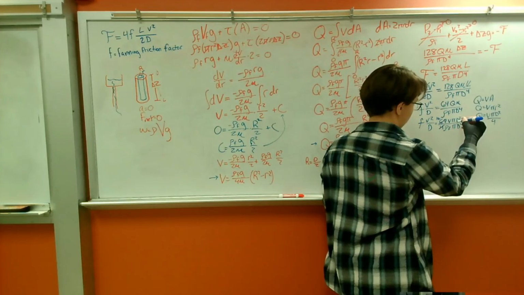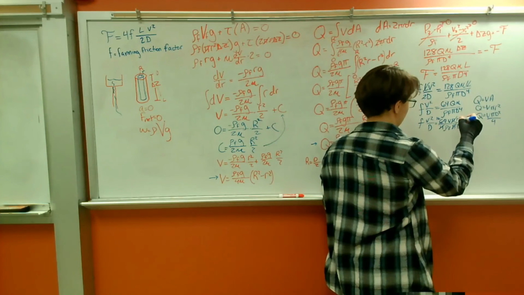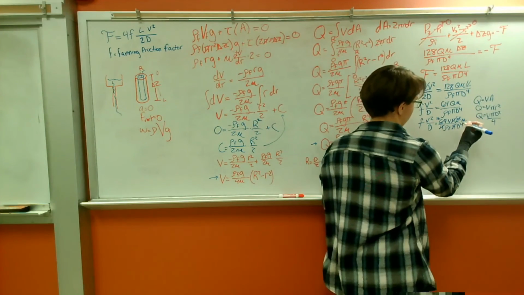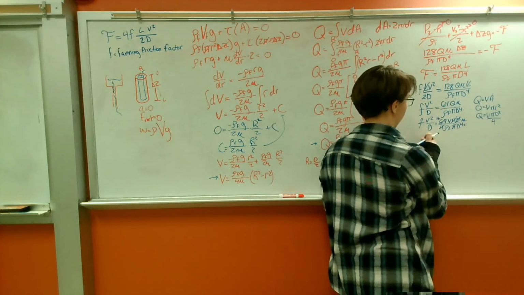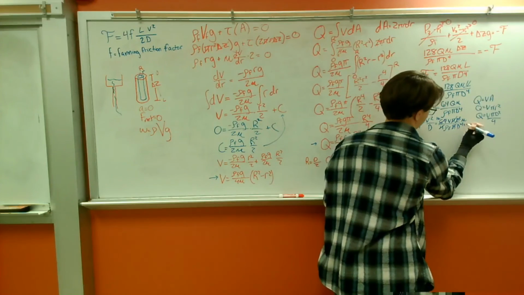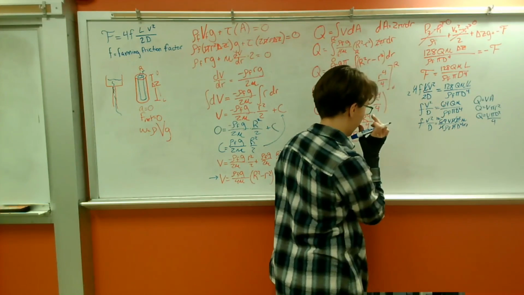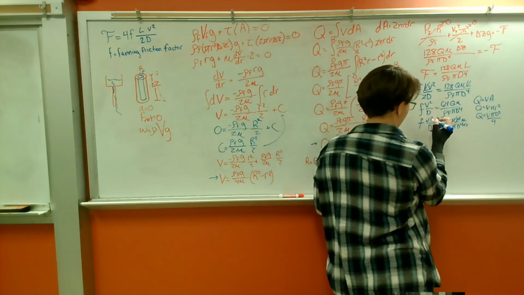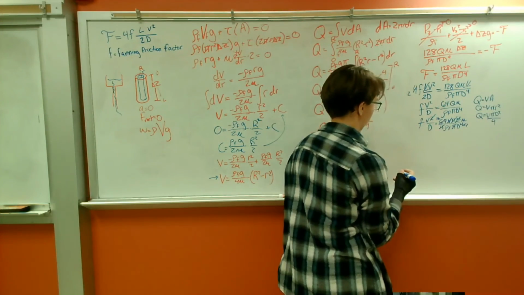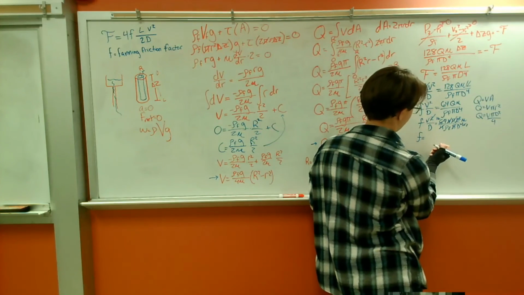We've got these pi's right here. d squared over d to the 4th, and then times the d, so then that's just d to the 1. And then that velocity cancels.